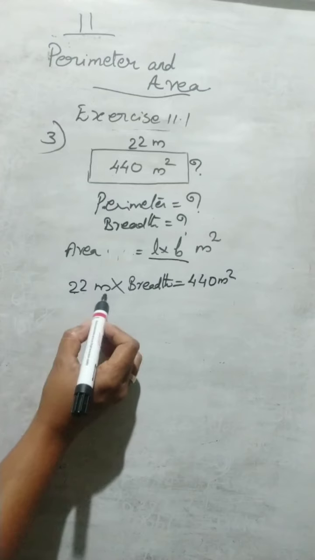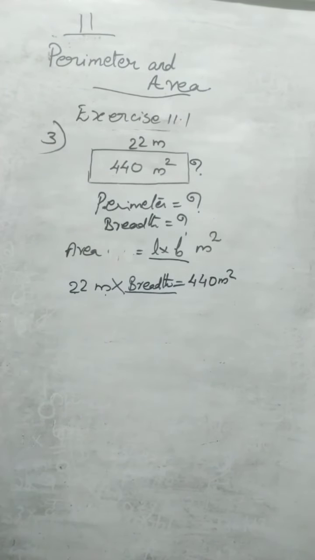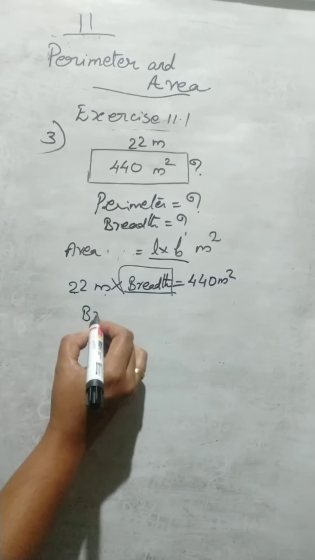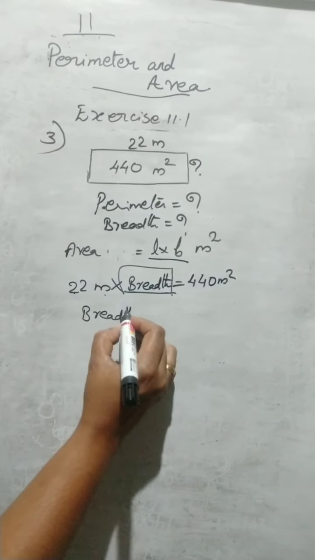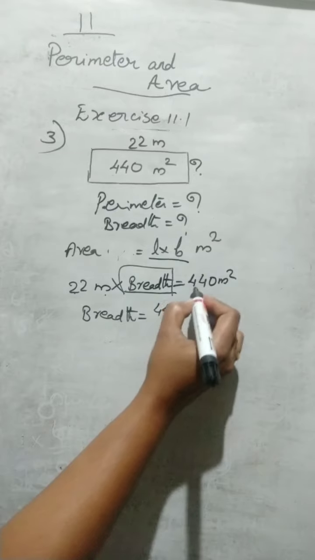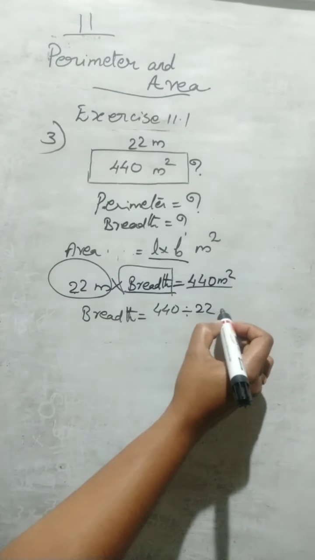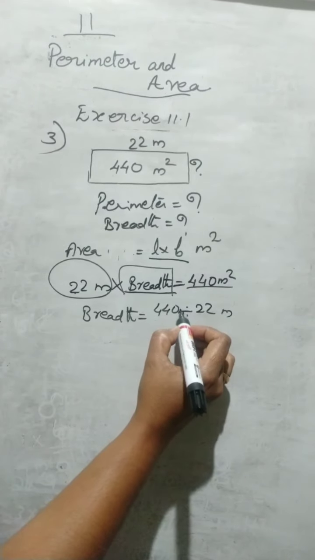Here 22 times breadth, multiplication. So we have to find the breadth. Breadth is equal to area 440 divided by length 22 meter. Here meter squared.